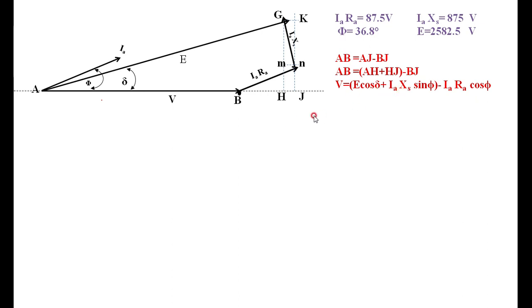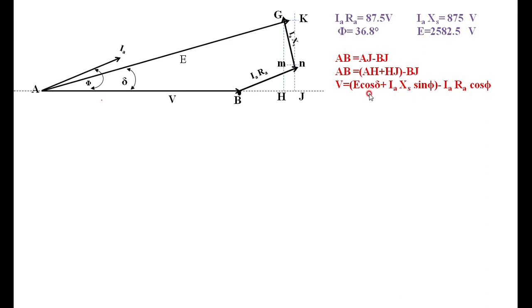At the same time, HJ is equal to MN, and MN is equal to GK. This angle is phi, the hypotenuse is IAXS, and GK is the opposite side, therefore it is IAXS sin phi. Then BJ: taking the triangle of B and J, we get IARA cos phi. Therefore E is known, and IAXS sin phi is known, everything is known.